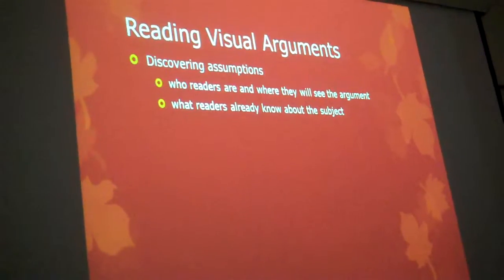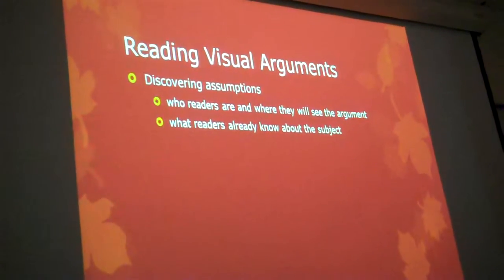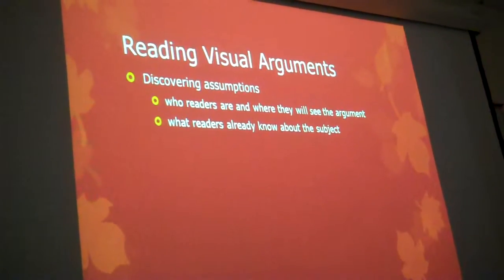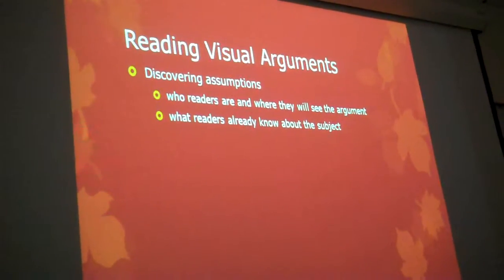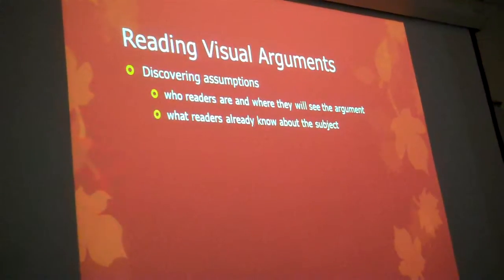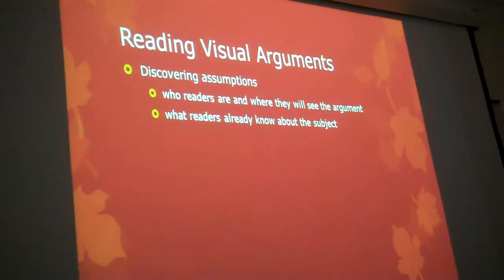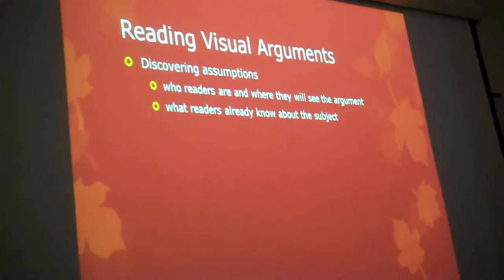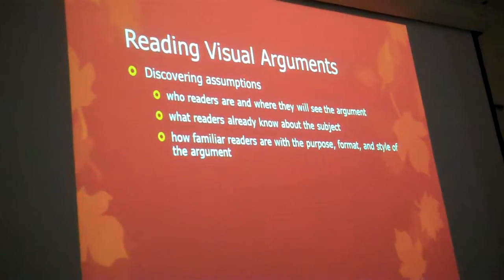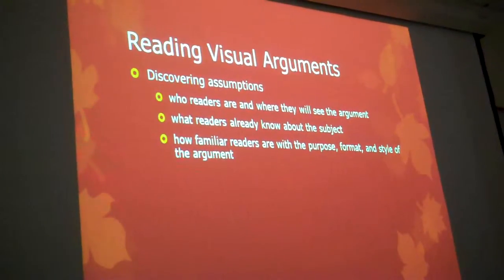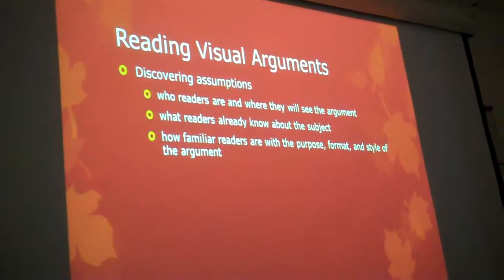You can also look at what readers already know about the subject. So if it's a topic like politics, you can think about what the composers of the ad or the makers of the poster or whatever already know about the subject and what they expect their audience to know. And then they will also be thinking about how familiar their audience is with the purpose, format, and style of their visual argument.